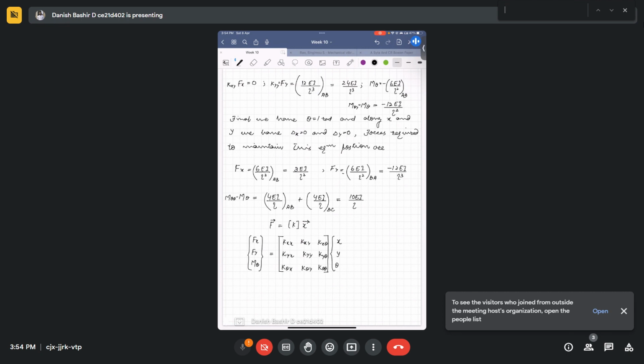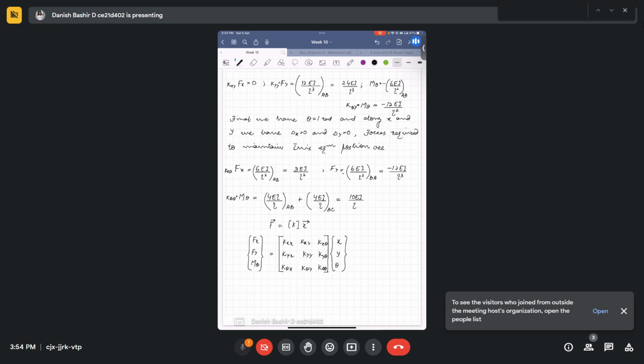This was m x theta, not theta theta. This is k given at y, k theta y. Similarly, we can write k theta theta here. It is k theta x. All the other things you can write in a similar fashion.